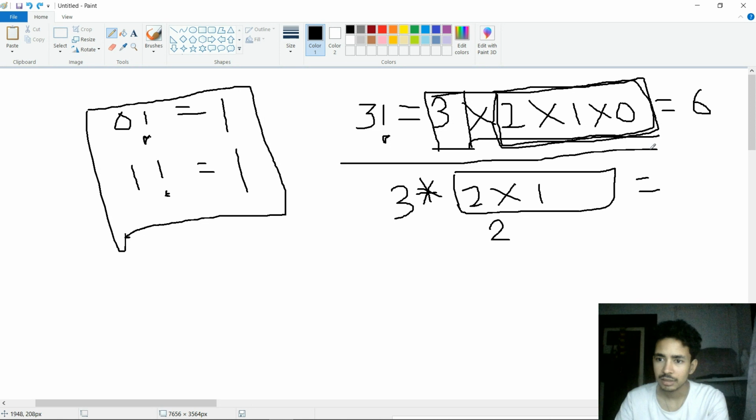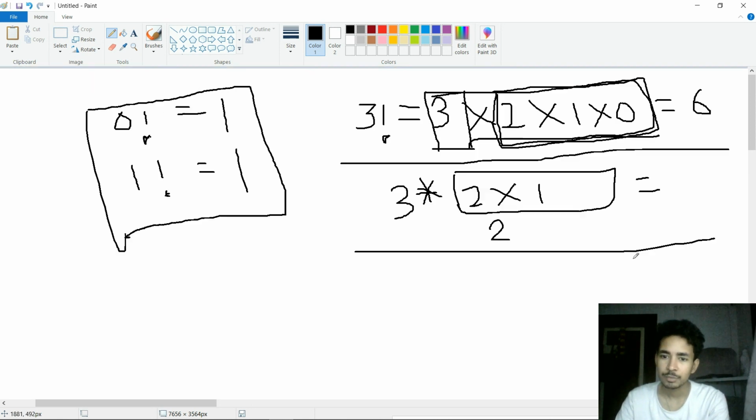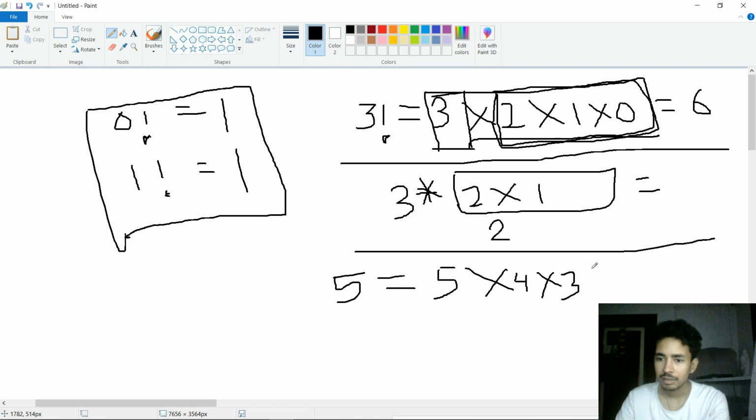And one more thing. Suppose I have 5. What will we write? We will write 5 multiplied by 4 multiplied by 3 multiplied by 2 multiplied by 1.